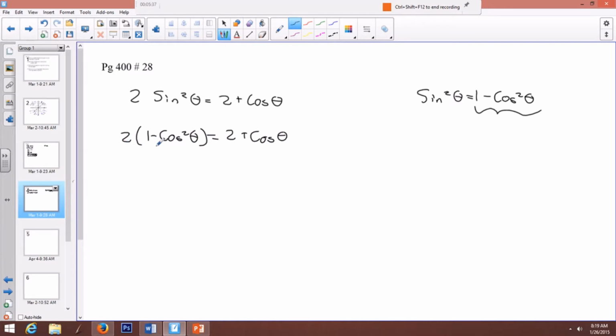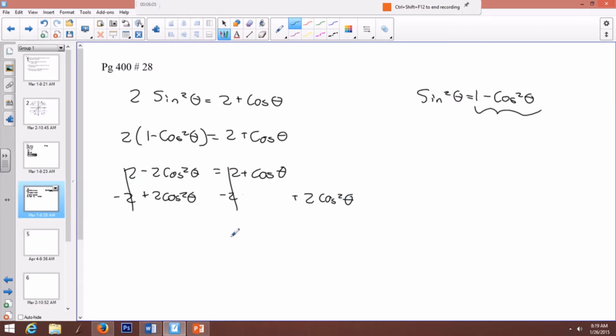All right, so let's simplify. I'm going to distribute the 2, so I get 2 minus 2 cosine squared theta equals 2 plus cosine theta. And we're going to solve this. I'm going to subtract 2 from both sides, and then add 2 cosine squared theta, and since they are unlike terms, it's 2 cosine squared theta.